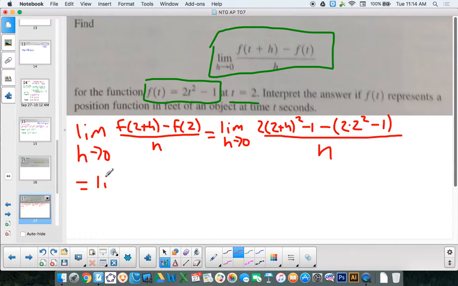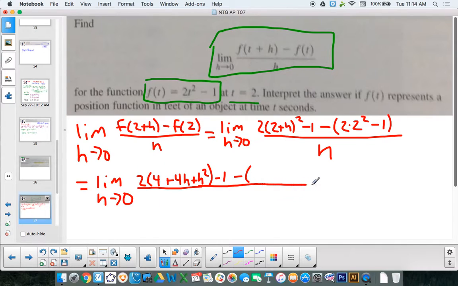So we got the limit as h approaches 0. Excuse me. 2 times, I'm going to square 2 plus h. I get 4 plus 4h plus h squared, minus 1, minus 2 times 2 squared, which is 4 times 2 is 8, minus 1 is 7, all over h.